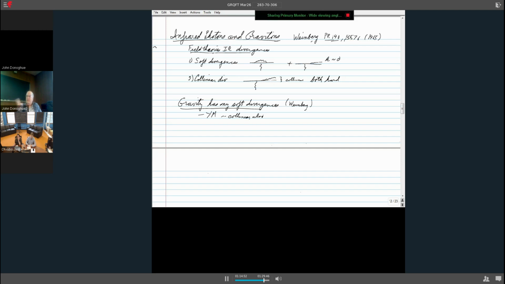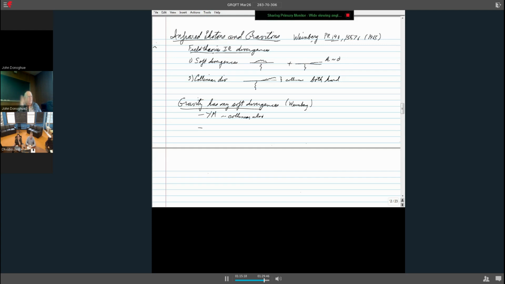So for example, if a gluon splits up into two hard gluons, there's a collinear divergence as you integrate over the phase space.